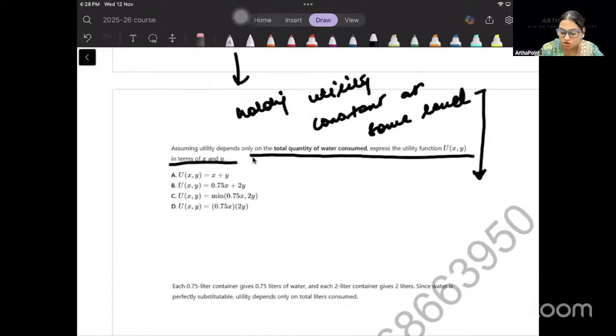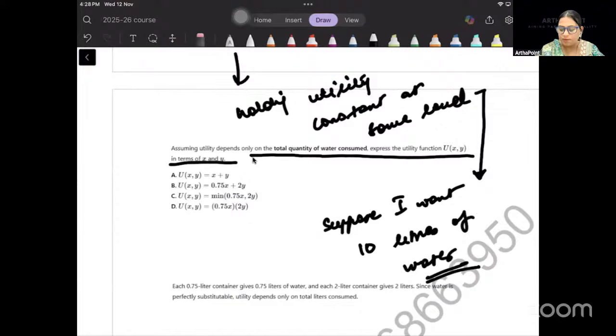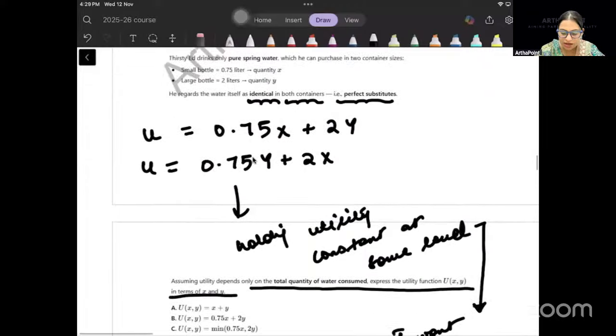Okay. So suppose I want, say, 10 liters of water. Suppose I want to consume 10 liters of this water. The large bottle is 2 liter and this is 0.75 liter.